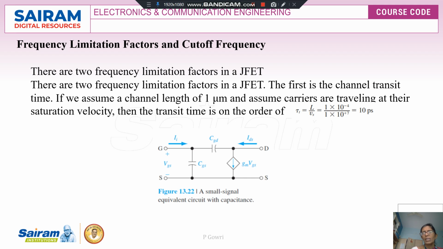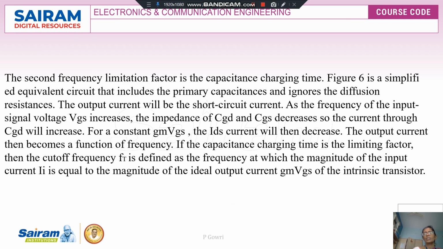To understand the effect of capacitance on the device, we will assume that all the resistances are removed and the capacitances are given as CGS and CGD. So now the second frequency limitation is the capacitance charging time. The equivalent circuit includes only the primary capacitance and it ignores the diffusion resistance.